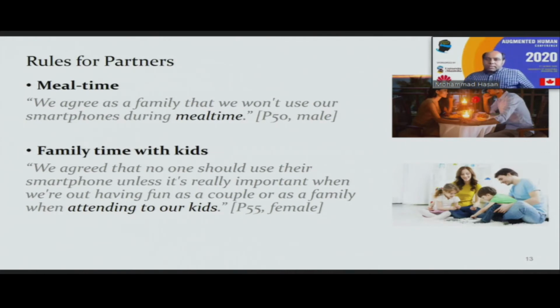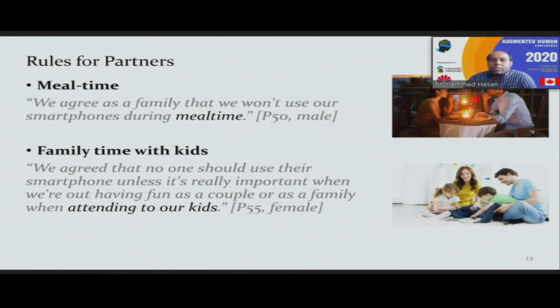So many of the participants mentioned that they have several rules. Some of the rules are specifically for mealtime, so they don't want their partner to use their phone during the mealtime, or especially when they are taking care of their family members, such as when they are playing with their kids.